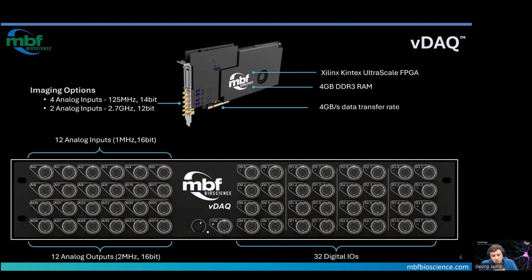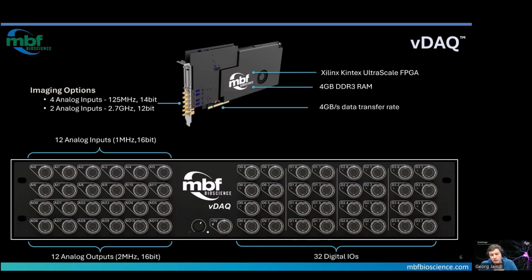On the bottom of the slide, you can see the breakout box for the VDAC. So this is basically where you plug in all your BNC cables and all the signals to control your actuators of the microscope, such as shutters and galvo mirrors and resonant mirrors and power control devices.